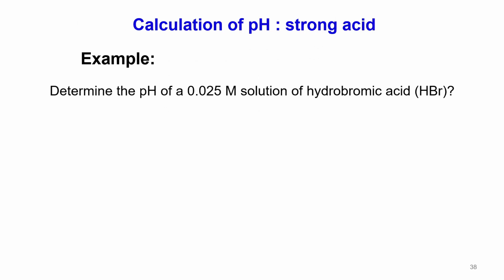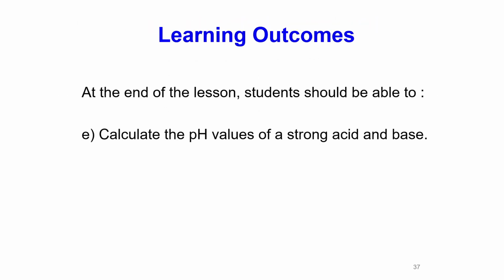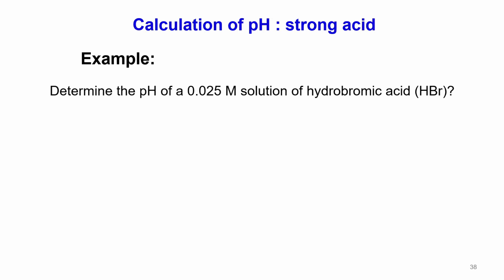Okay, last one, we look at a simple calculation. The learning outcome is to calculate the pH value for strong acid and strong base. For example we have HBr. HBr is an example of a strong acid. Remember all group 17 acids form strong acids except HF, which is weak. If it is a strong acid, we know it completely dissociates. So HBr will produce H plus and Br minus.